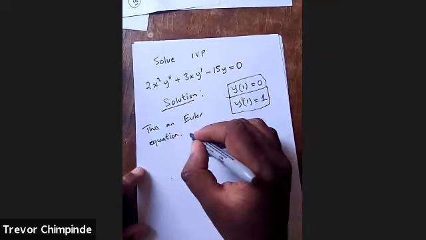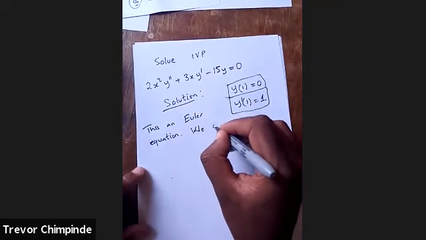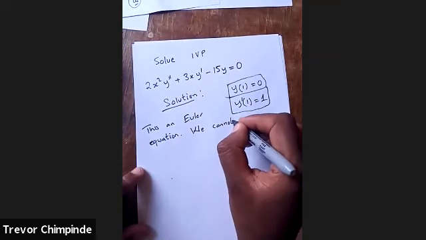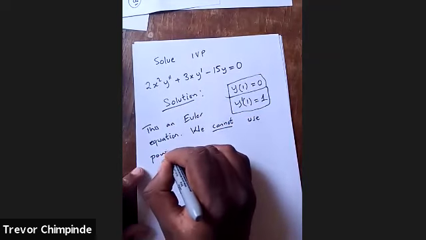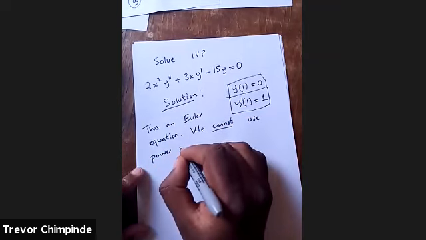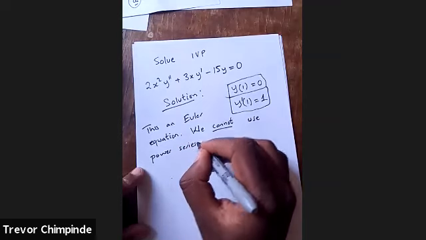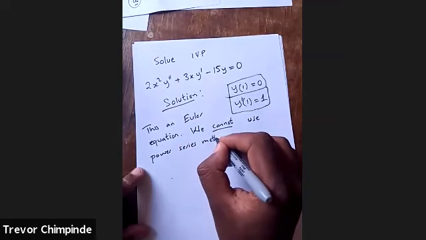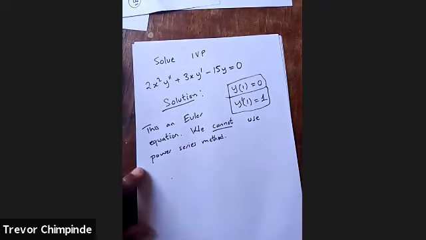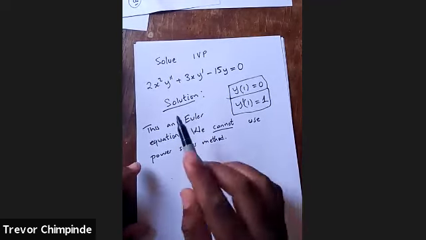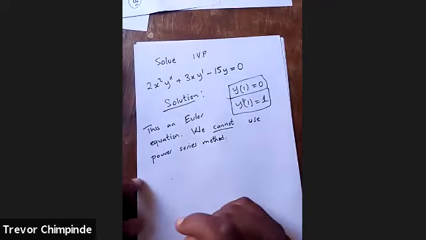And the point here is that we cannot use the power series method, so you have to be very careful. You have to know on which equations the power series method applies. Euler equations are one of the cases where it doesn't apply, so you cannot use the power series method.